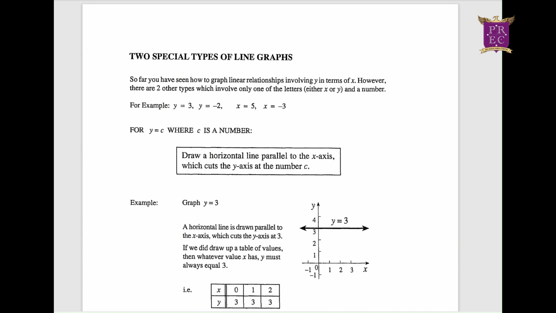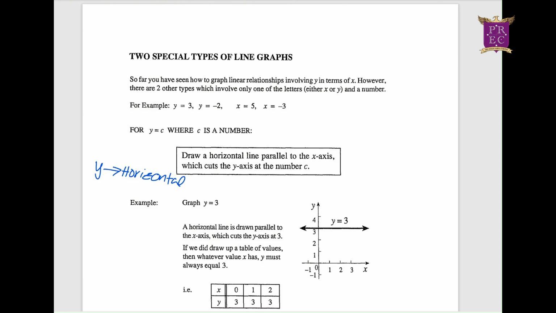Draw a horizontal line parallel to the x-axis, which cuts the y-axis at number C. Okay, if you have graphs in terms of y, it's always horizontal. And why, you may ask, because let's have a look here. If y is equal to 3, the y value will be 3 for the whole line.